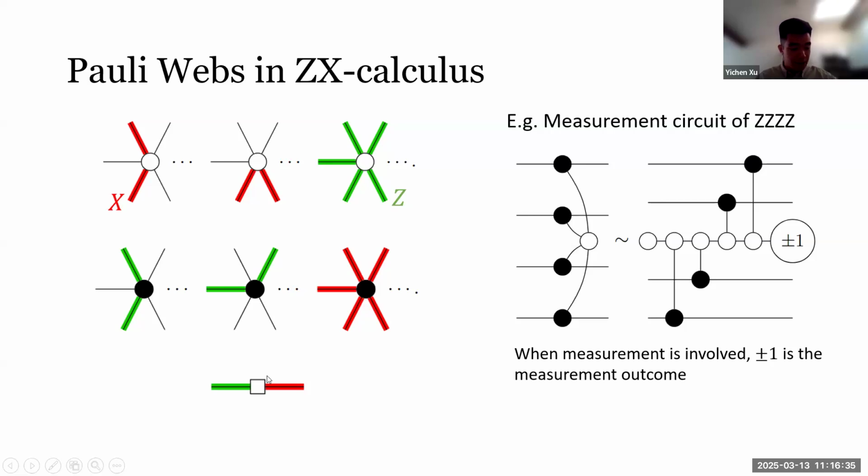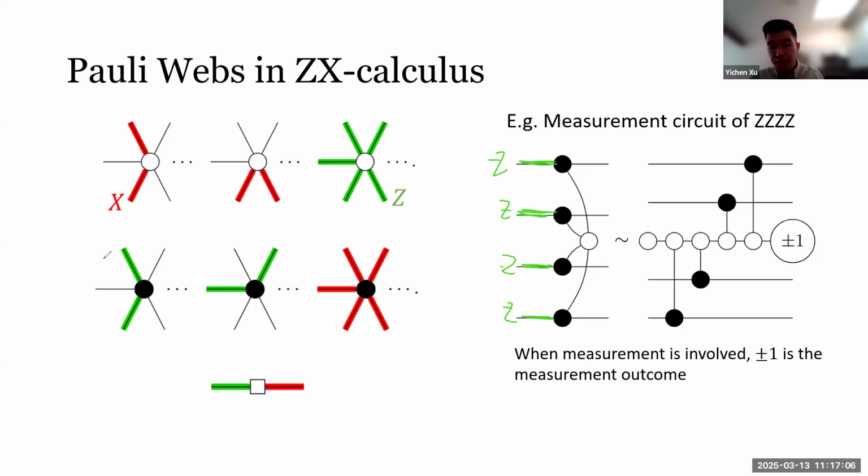So let's do an exercise and convince ourselves that the ZX diagram on the right is a measurement of the product of four Z operators. So to do this, I might need to annotate. Yeah, so let's see, right? We have Z, Z, Z, Z coming on the incoming legs, so they're marked by these green shaded legs.